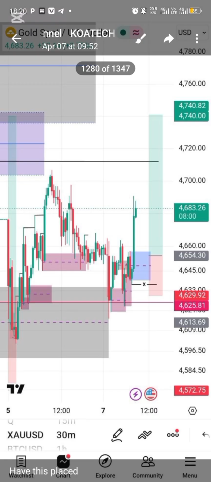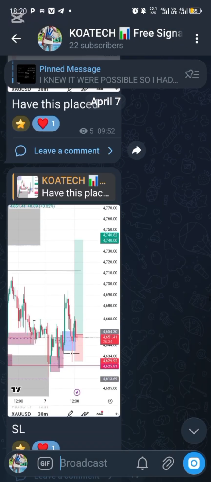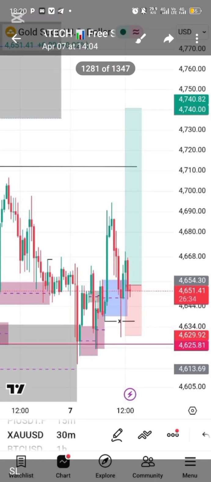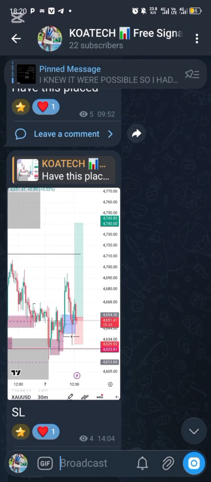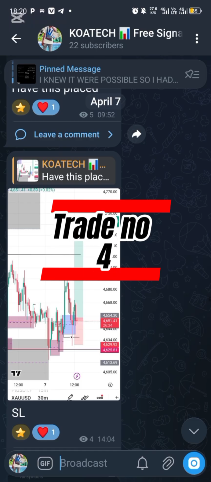It retraced and I saw my OB and I just placed the limit order, and this was what I wrote, have this placed. But what happened was that the price slashed down and took me out. Alright, so this was a loss. I lost this one. This was a SL. So trade number 4 was SL.